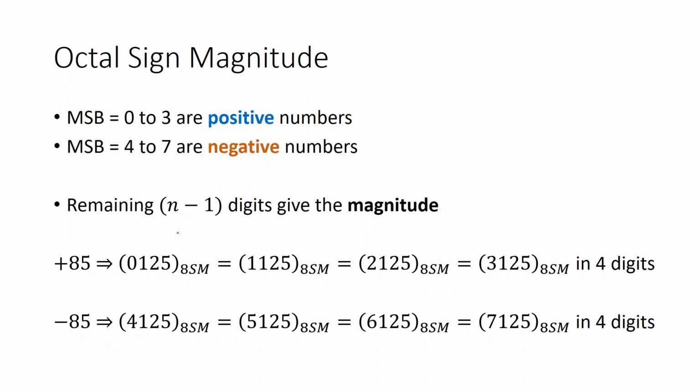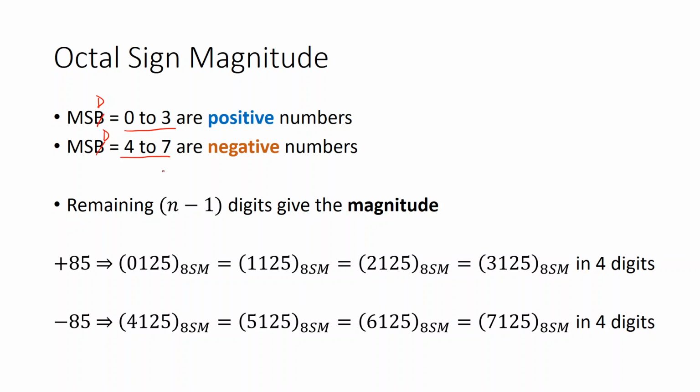So any one of 0 to 3 can represent your positive numbers, and any digit from 4 to 7 can represent your negative numbers. This should actually be D, not B, because we are talking about digits. The remaining digits give you the magnitude.